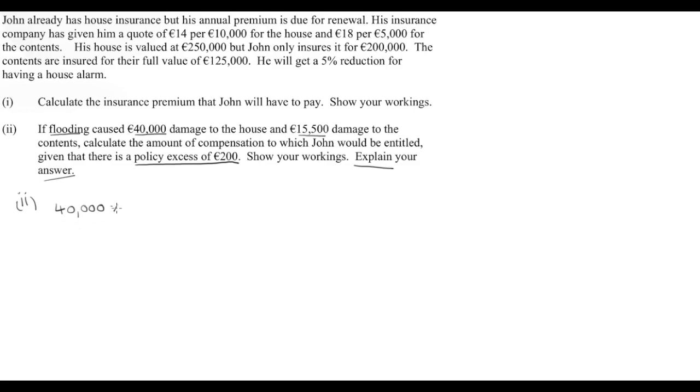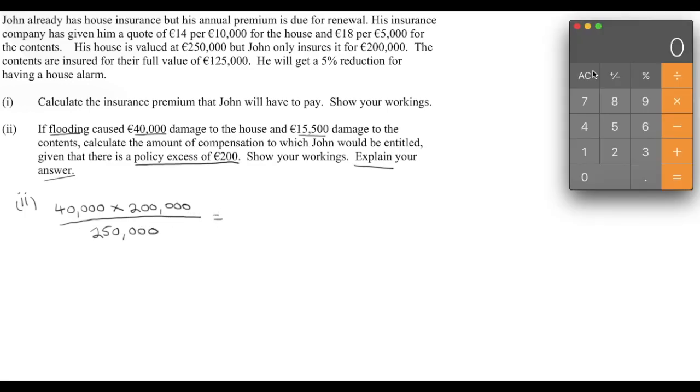and we are going to multiply that first by what he insured the house for, which is 200,000, and then we will divide that by what the house is actually worth, which is 250,000. Using a calculator, I will do the whole sum here. 40,000 multiplied by 200,000.